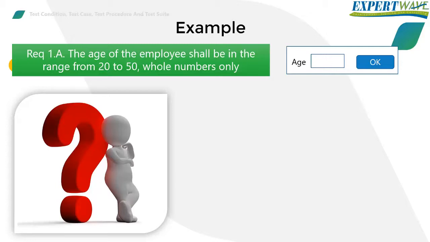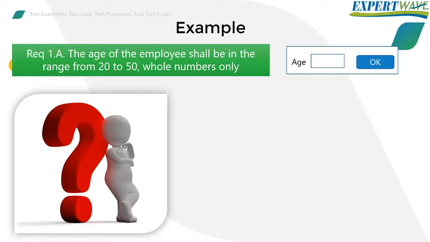Now our job is to test this piece of requirement. What exactly do we mean by testing this piece of requirement? In simple words, it means we verify that this requirement has been implemented correctly in the software. So what would you like to test here?